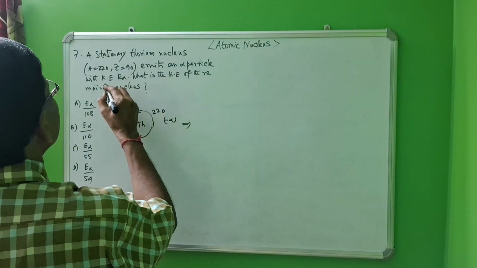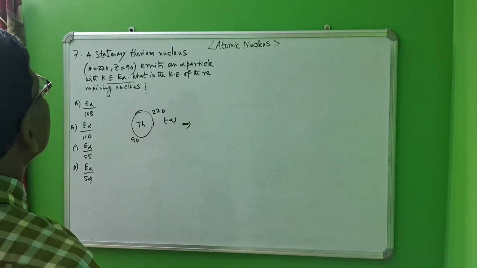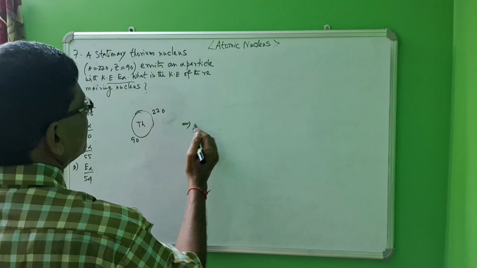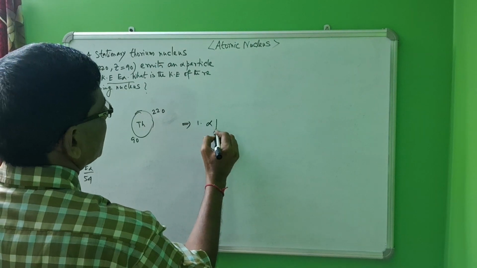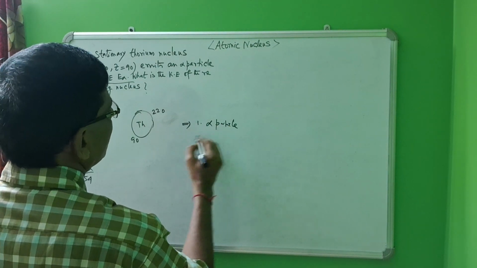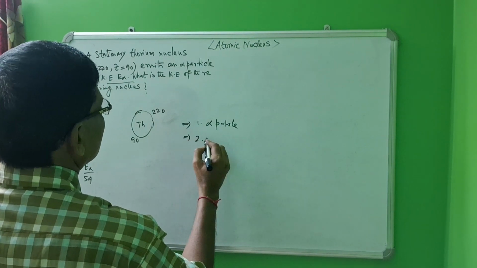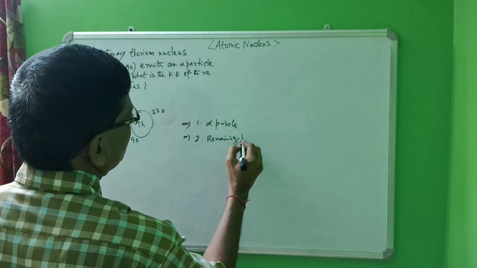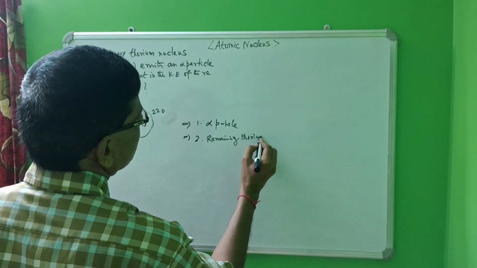It emits an alpha particle with kinetic energy. So we can write: emits number 1, alpha particle, and number 2, the remaining thorium nucleus.